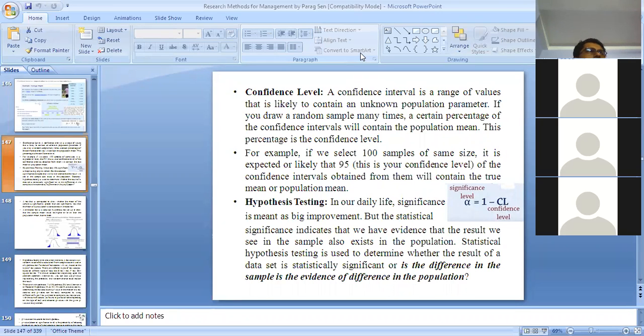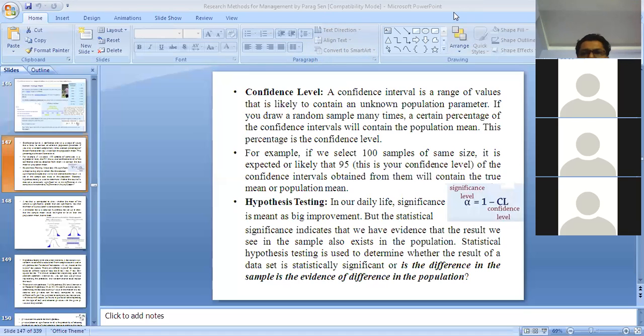But in practice you are not able to take the data of all the industries or all the scholars or all the entities. It is not possible. Whenever you conduct some survey, you only deal with some samples. That means you only take the data from some samples, and then you infer about your population.